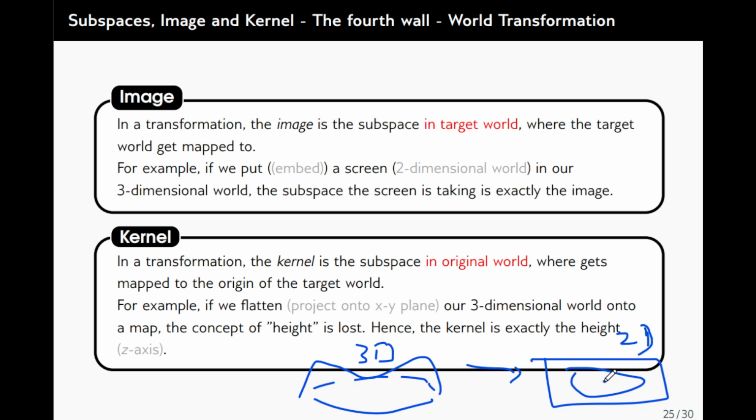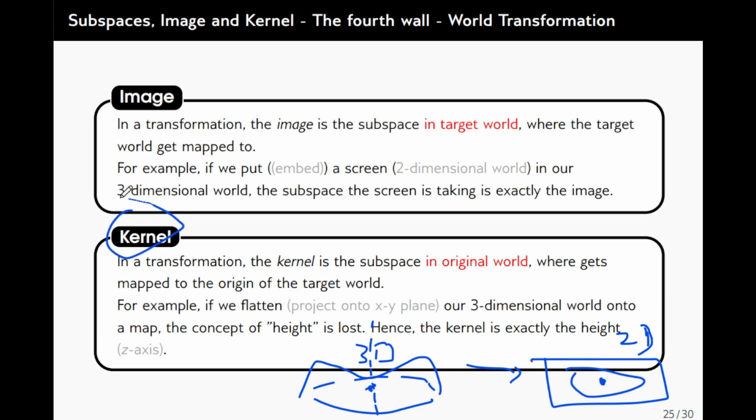What I mean is, originally all the things passing through the origin with different heights but the same location will map to the exact same point. For example, if you're using Google Map and you are inside a shopping mall, your Google Map doesn't help you because you don't know which level you are on. The Google Map doesn't tell you because the map is consuming all the information about height.